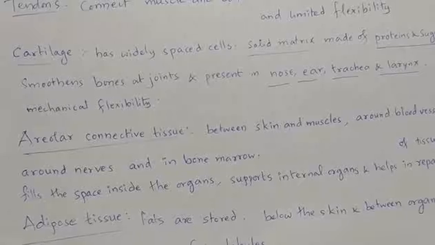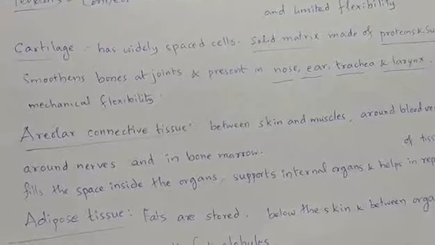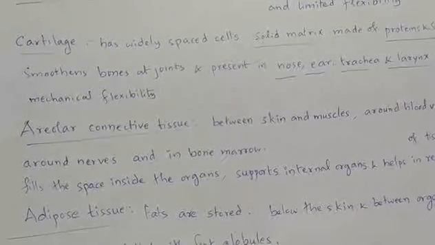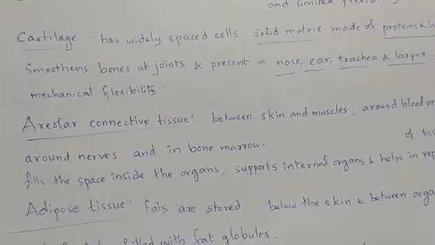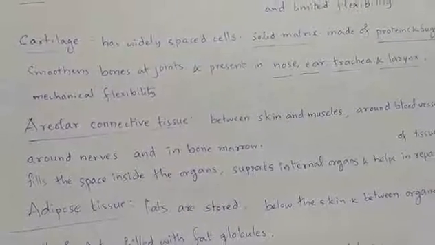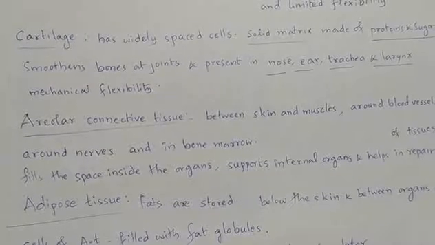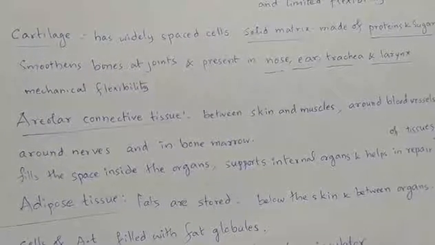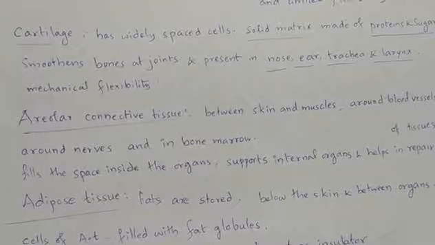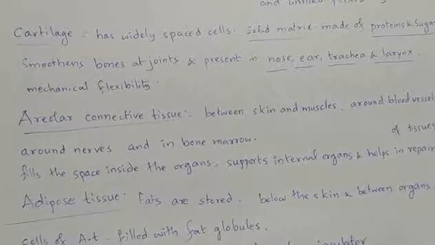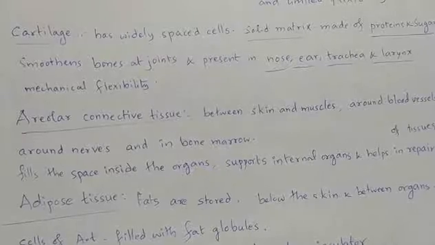Cartilage. Cartilage has widely spaced cells, and like bone, it also has a solid matrix. But unlike bone, where the matrix was made up of calcium and phosphorus compounds, cartilage matrix is made up of proteins and sugars.